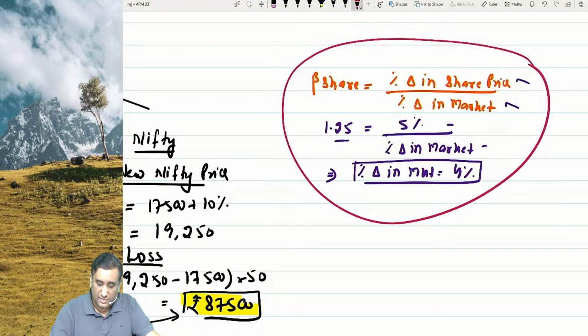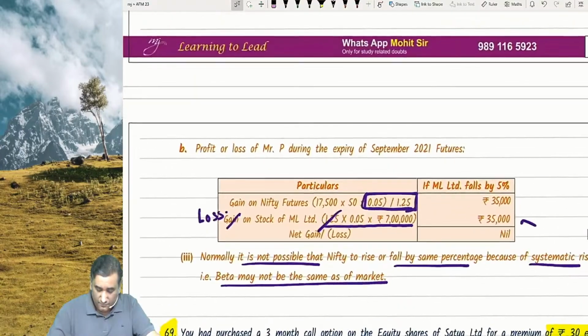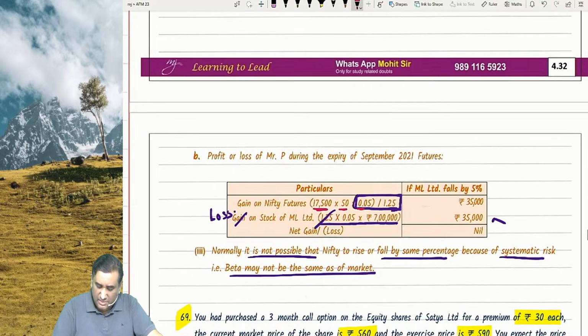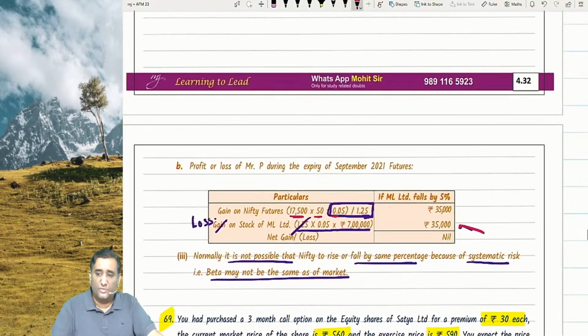Can I show you that answer now? Gain on Nifty: no matter what you do, divide by 1.25, and 4% comes. Basically 35,000 will come.